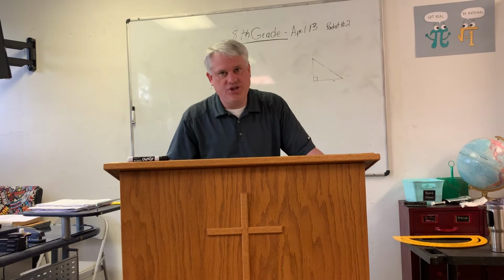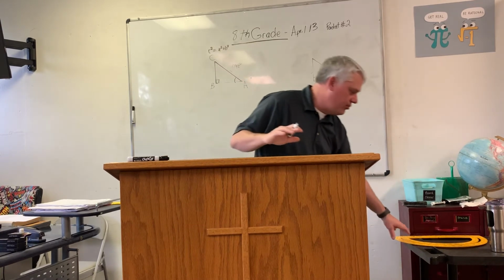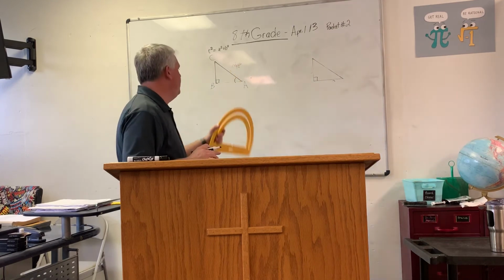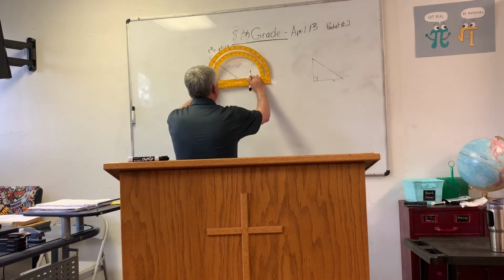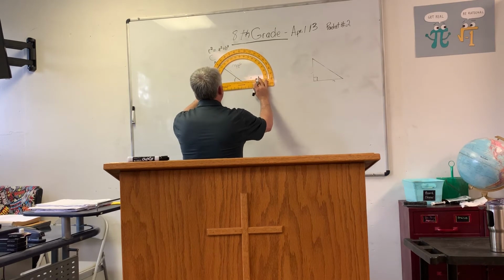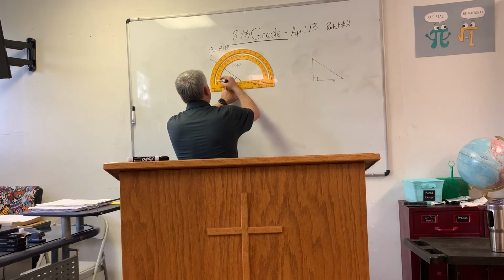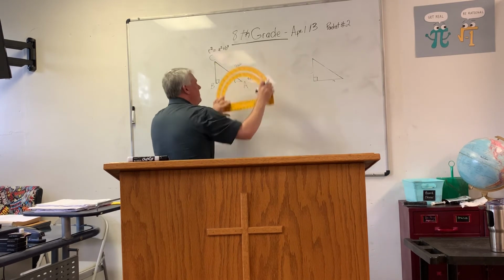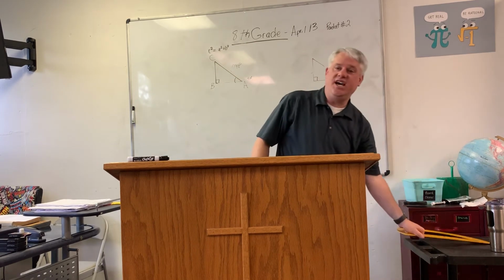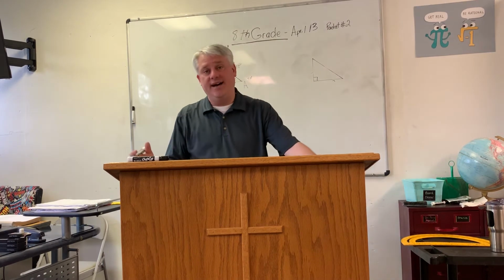And in a moment or two, guys, you're going to take a protractor and you're going to measure the particular angles. So if we were measuring angle A, we would line it up, see where it goes, starting with a 0, it's 40 degrees. Okay, we're going to use that in a few minutes, because you can find the sine, the cosine, and the tangent by measuring an angle and looking it up.